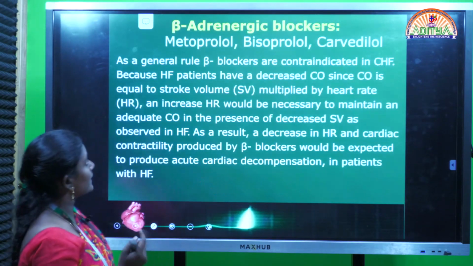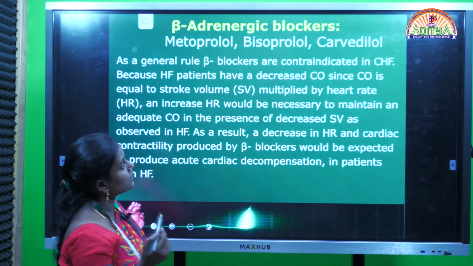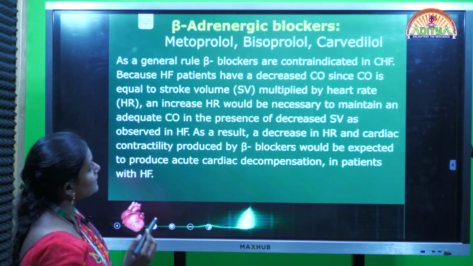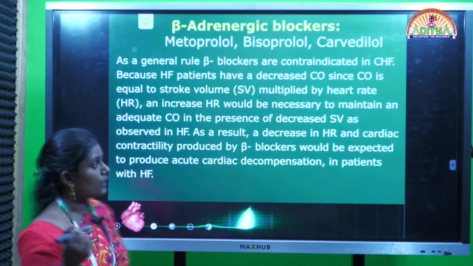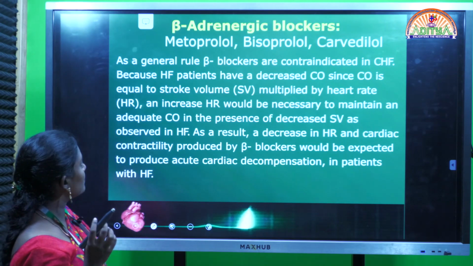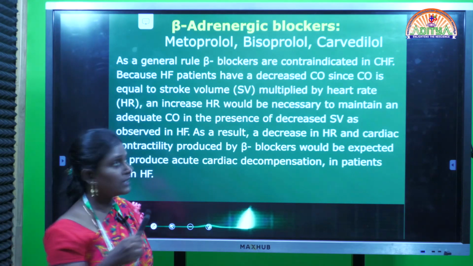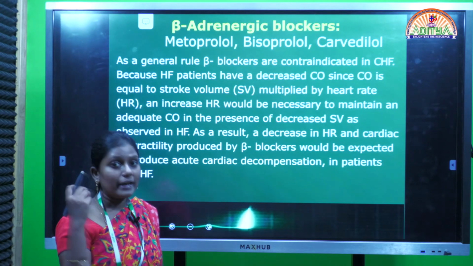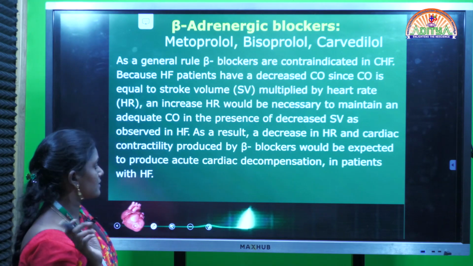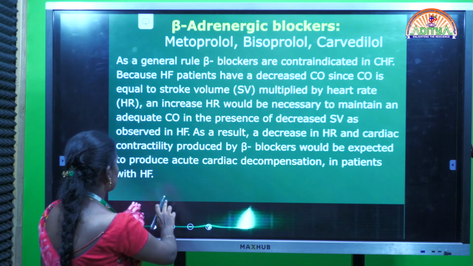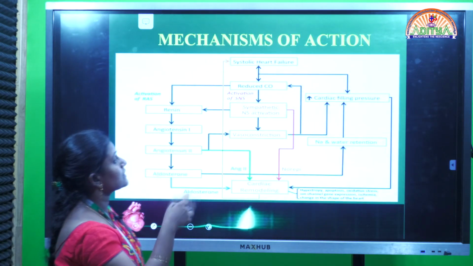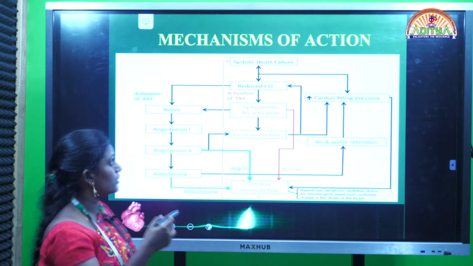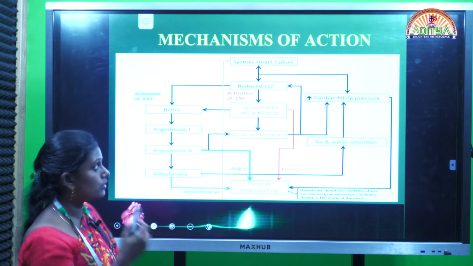Whereas coming to the next category of drugs, beta adrenergic blockers. These are mainly involved in increasing of CO. Thereby they mainly maintain adequate CO levels. So you can see in this next pathway a simple schematic representation here of the mechanism of action of all the category drugs.